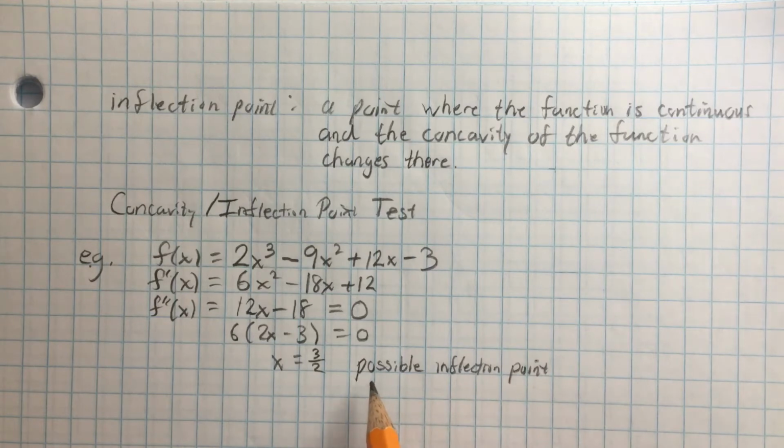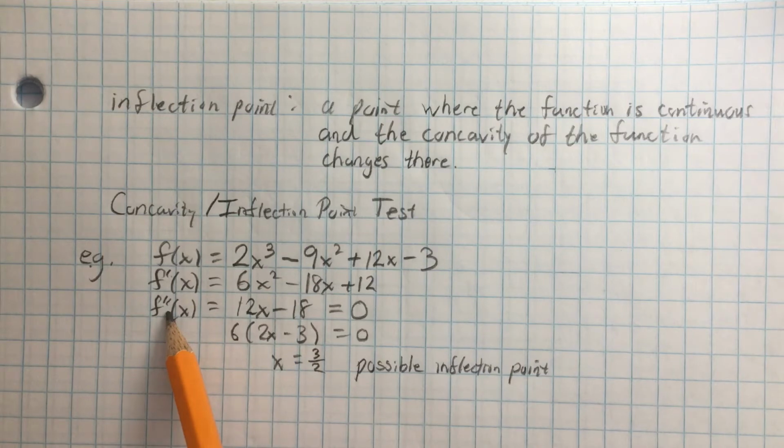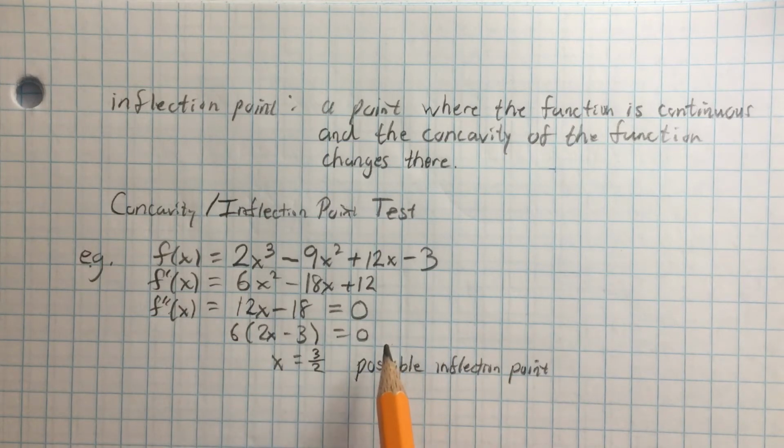Analogously, in the first derivative test for relative extrema, this would be a possible relative extreme location. Now we just have a special name called critical value for it, but that's the role it's playing over there when you do the first derivative test. Is the possible relative extrema. So therefore, in this test we're doing right now, concavity plays the role of increasing, decreasing for the function, and inflection point plays the role of relative extrema for the function.